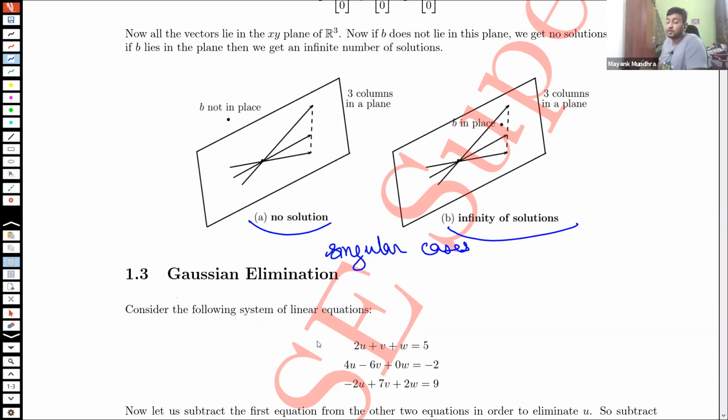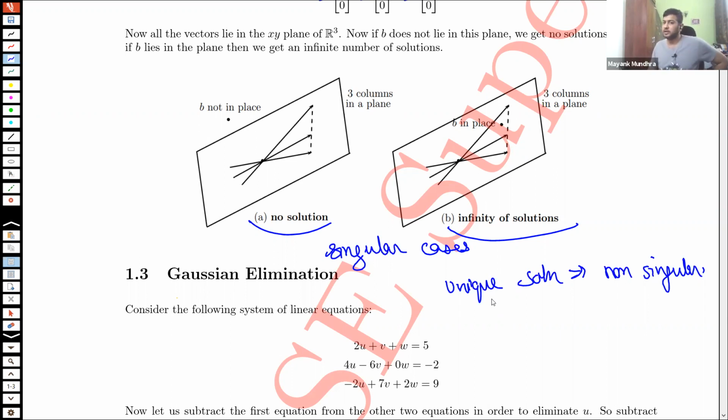And when you have a unique solution, that is when you call it a non-singular case. So unique solution implies non-singular. So that's the demarcation.